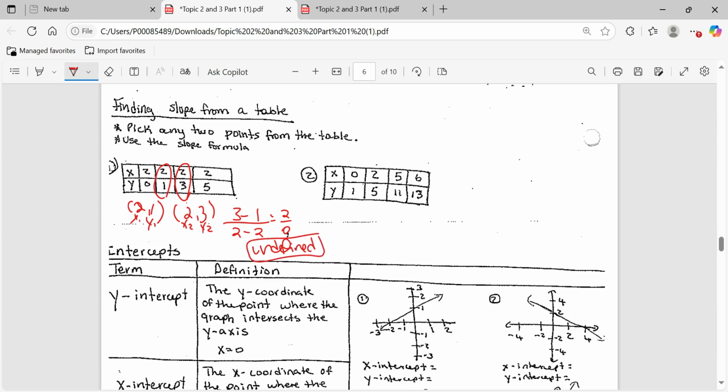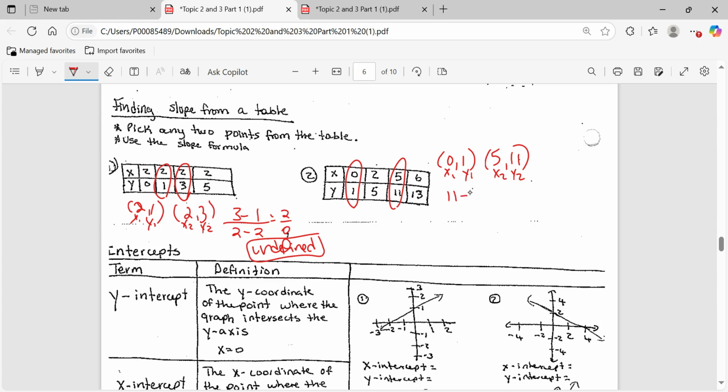Go ahead for number 2. Pick 2 points. Pause and try. Pick any 2 points and find the slope. All right, I'm going to pick 0, 1 and 5, 11. So my coordinates are 0, 1 and 5, 11. It doesn't matter which ones you picked. x1, y1, x2, y2.